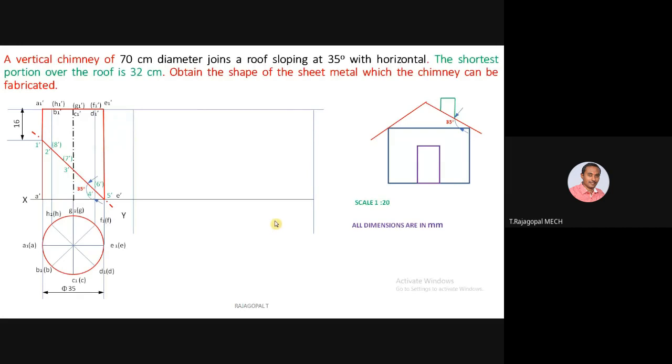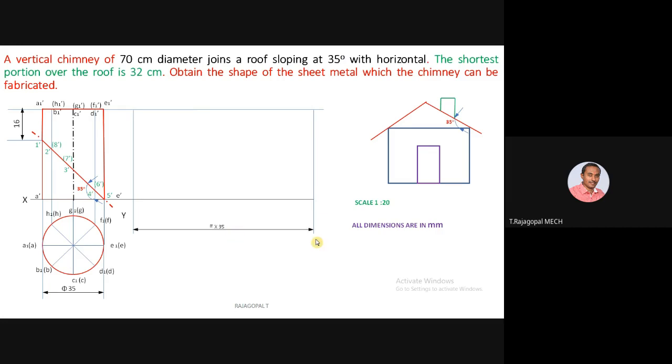What is pi d? Pi is 3.14. The diameter of the cylinder is 35. So you don't forget, whatever dimension you used to draw this top view as a circle, that value has to be used here. Pi into 35.